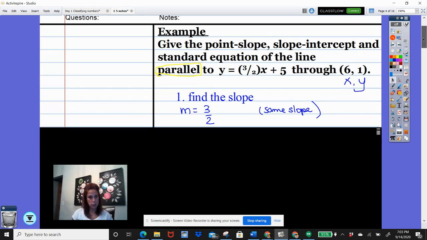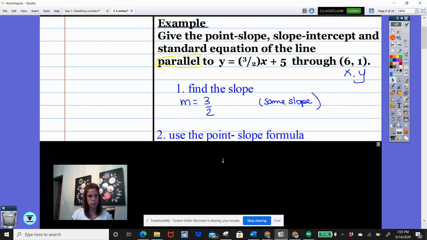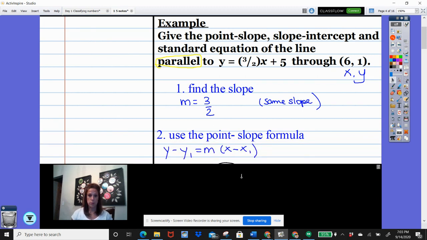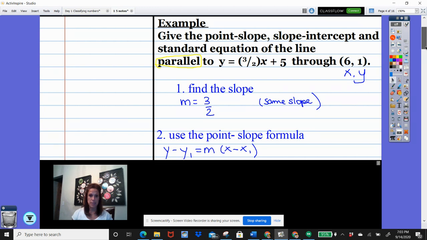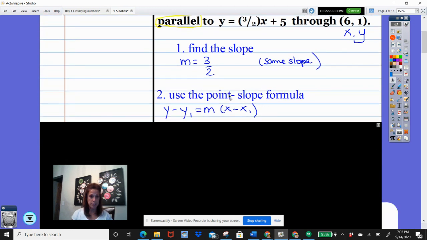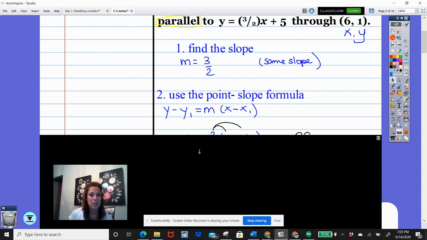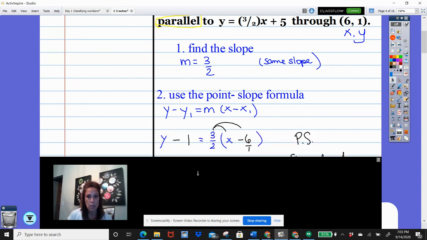So once you find the slope, then you plug it into the point slope formula, which is y minus y1 equals m times x minus x1. I encourage you guys to write that down every time. It'll help you remember it. So now I got to plug stuff in that I know. So I know the point, and I wrote x, y here because sometimes kids mix the order up between the 6 and the 1.